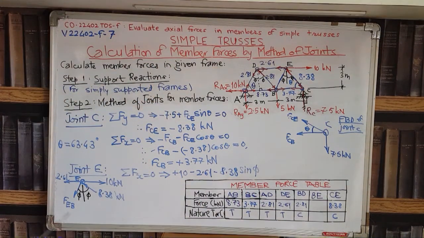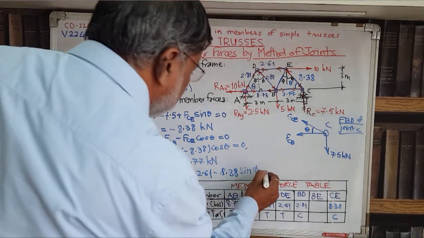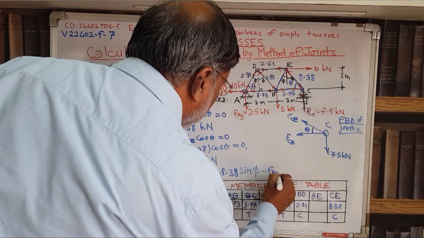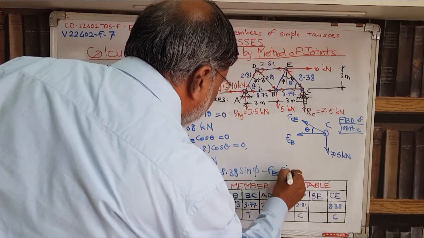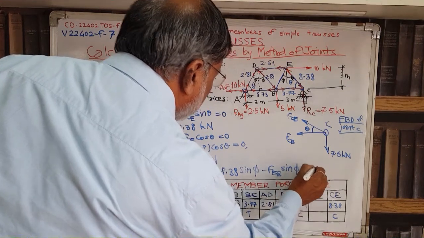Then there is FEB. This FEB is also inclined, so it will have x component and y component. The x component of FEB will be towards left again, so it will be minus FEB into sine phi, and this will be equal to 0.